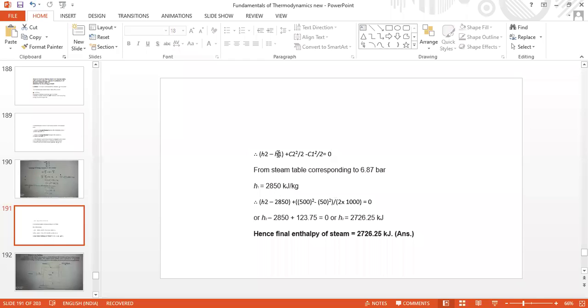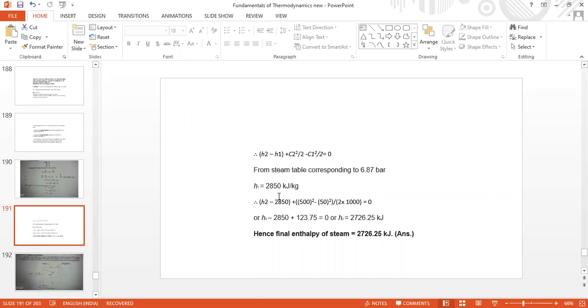And here, instead of H1, we substituted 2850, which is a value noted down from steam tables for H1, because H1 is enthalpy at entry of nozzle, where pressure and temperature both are given.